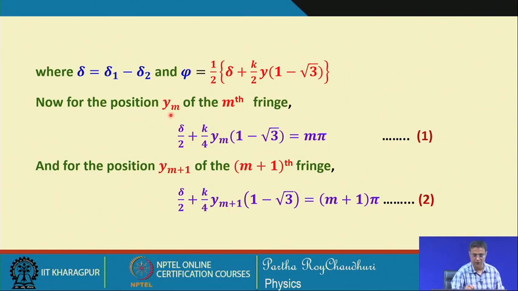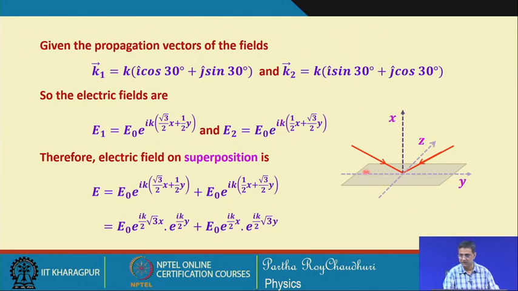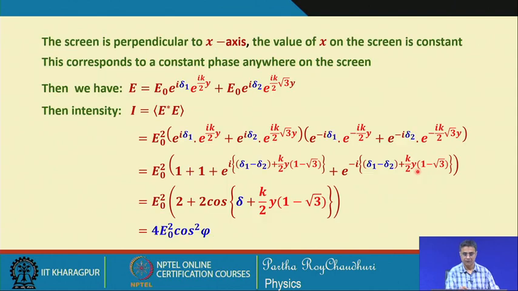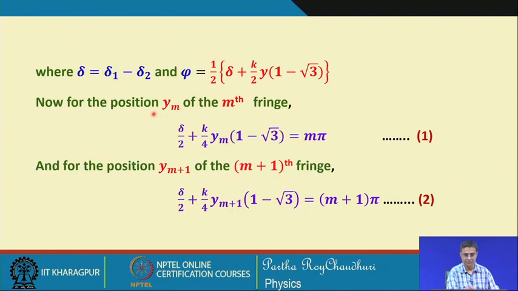Now, for the position y m of the mth fringe, let us go back to the screen. So, this is the y direction, any position, let us call this position y mth position, and for the y mth position of the fringe, you have this phase will be equal to delta by 2 plus k by 4 y m 1 minus under root 3 equal to m into pi.